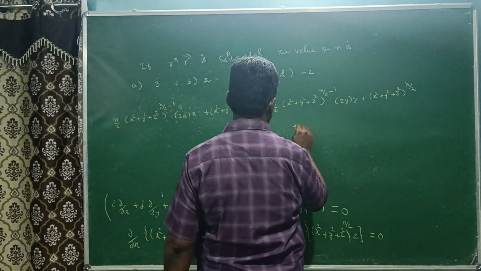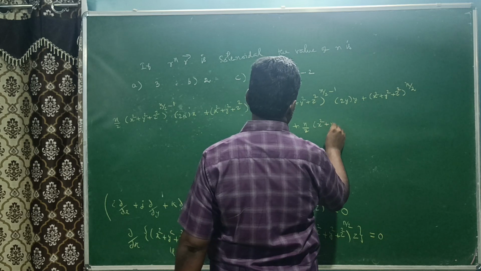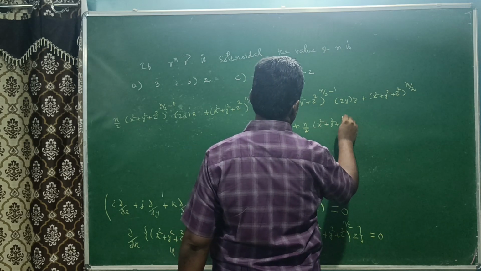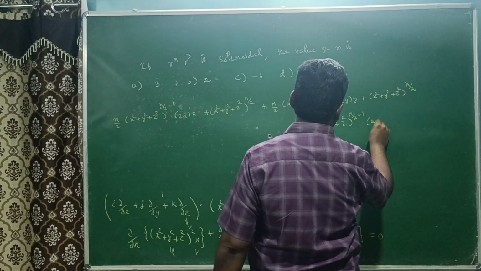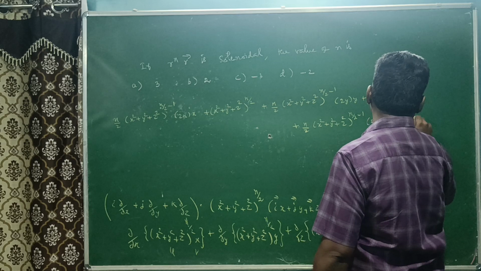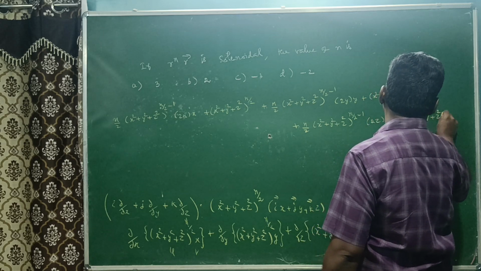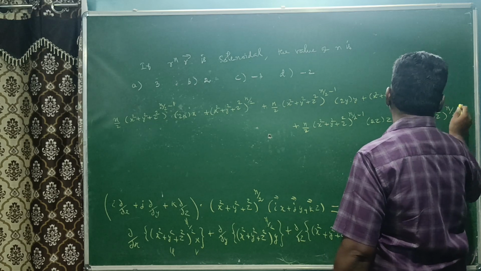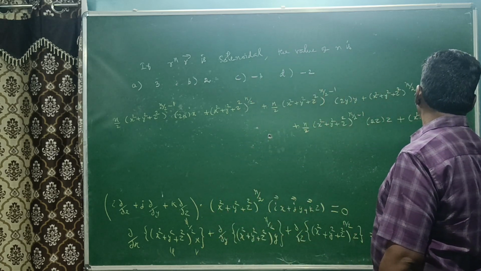And the third term, plus n/2 (x² + y² + z²)^(n/2 − 1) into 2z into z, plus (x² + y² + z²)^(n/2). The entire expression equals 0.